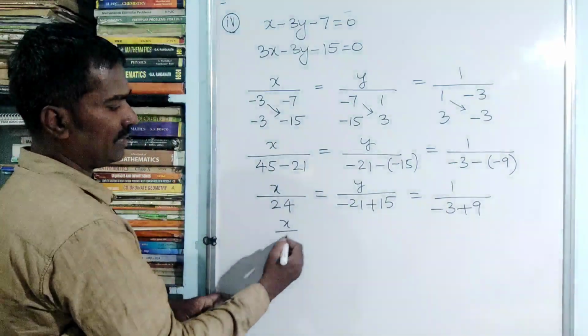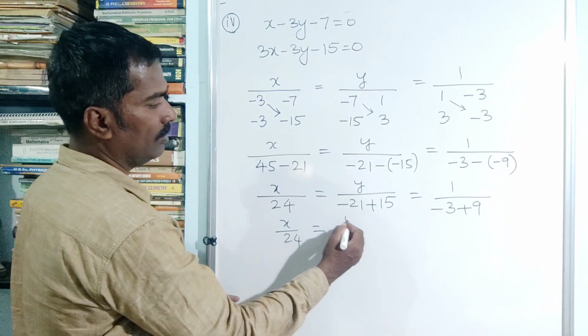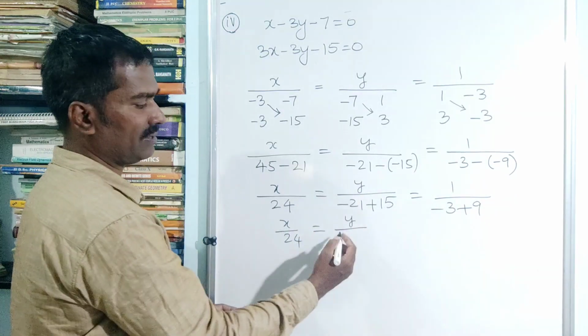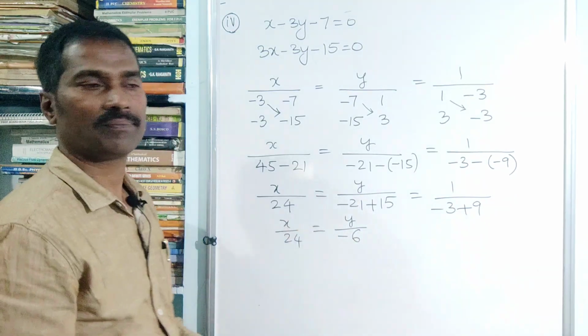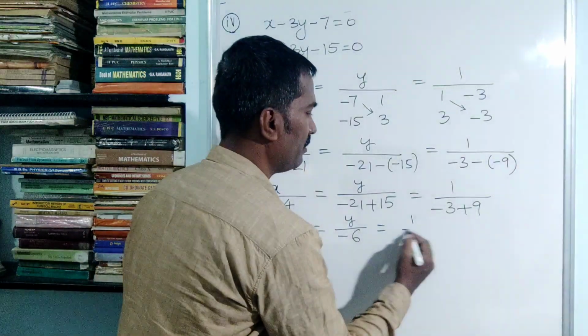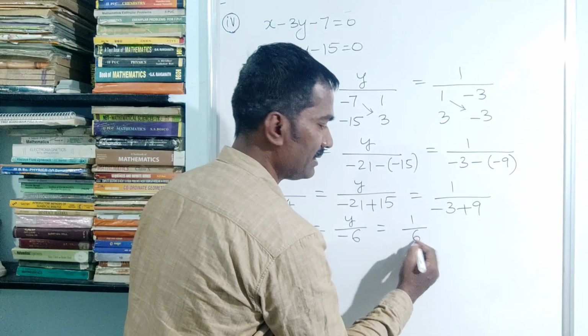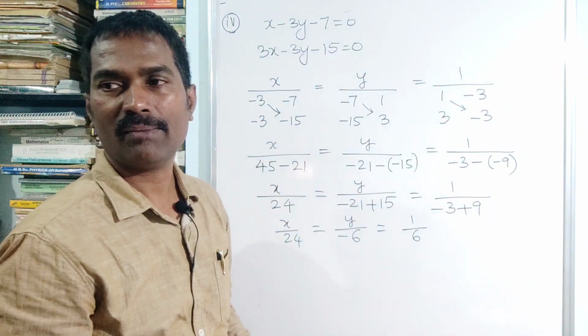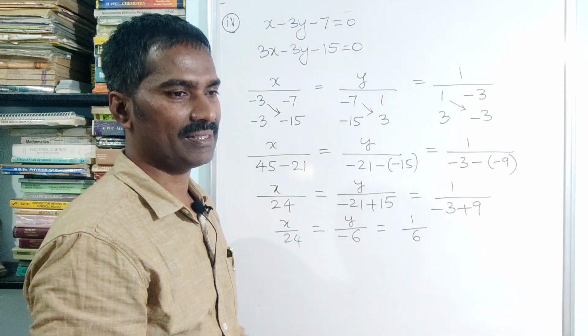So x divided by 24 equals y divided by, if you subtract, minus 6. Minus 3 plus 9 is equal to plus 6.